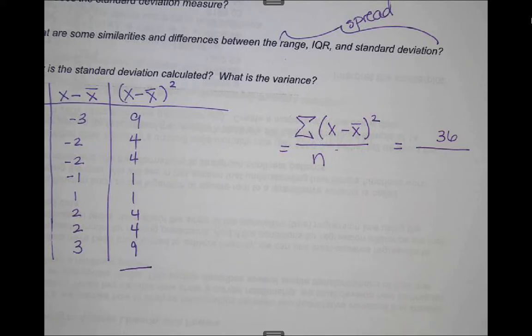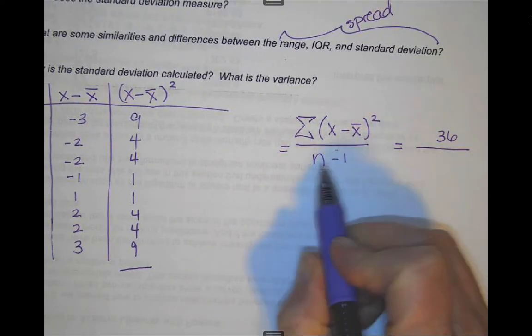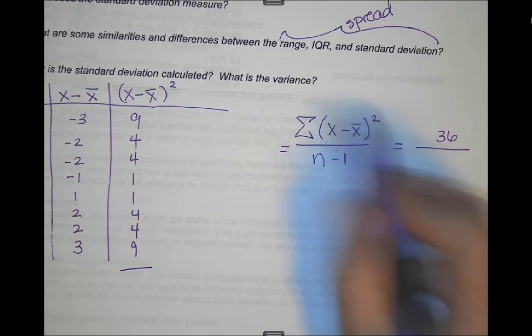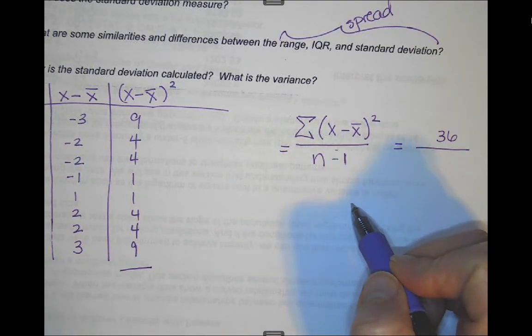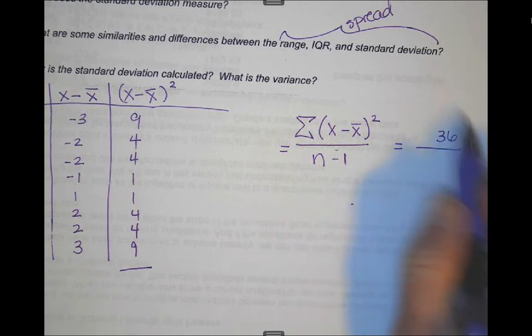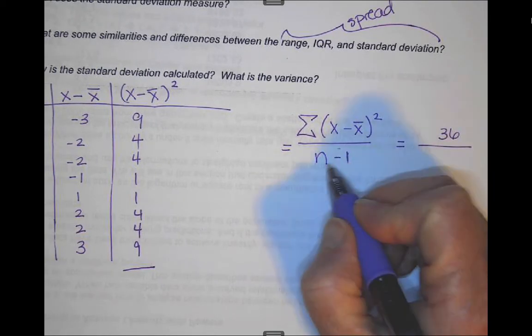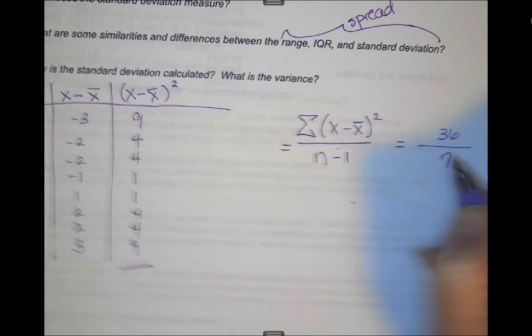Maybe I should divide by a little bit less than the actual value. Because if I divide by something a little bit smaller, I'll get a number that's a little bit bigger. And therefore, when I state my sample standard deviation or my sample variance, if I'm wrong, I most likely will be overestimating instead of underestimating. So I'm going to do the n minus 1, so that's going to be 7.